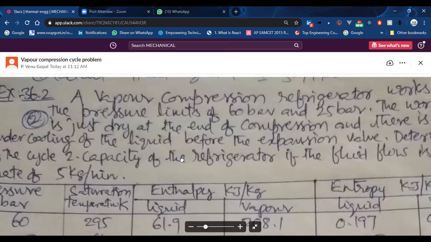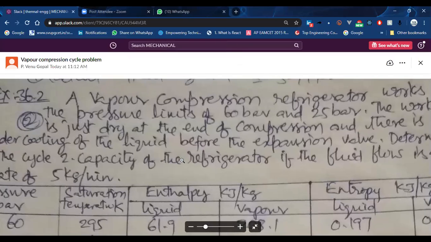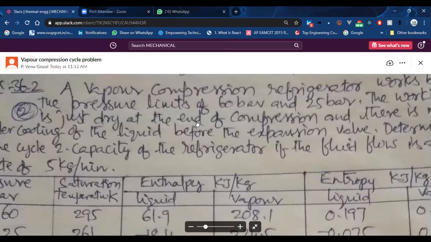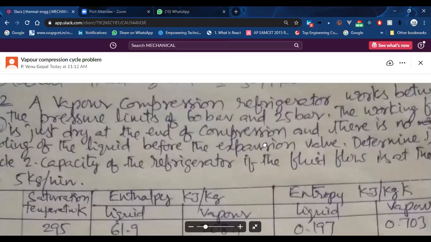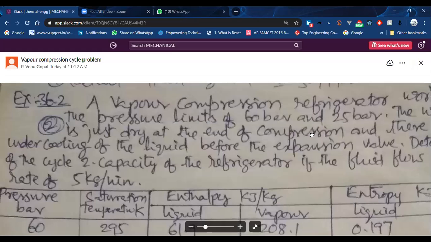Can you read the problem? Anyway, I will explain it. A vapor compression refrigerator works between the pressure limits of 60 bar and 25 bar. So they have given the maximum pressure and the minimum pressure.